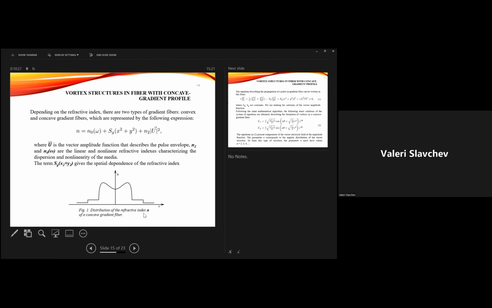As you can see in figure 1, this is a distribution of the refractive index of a concave gradient fiber. What's specific here is that the refractive index of this kind of fiber decreases toward the center of the fiber. So actually we're looking for the solution for this kind of fiber.